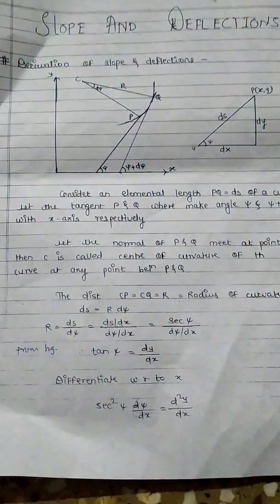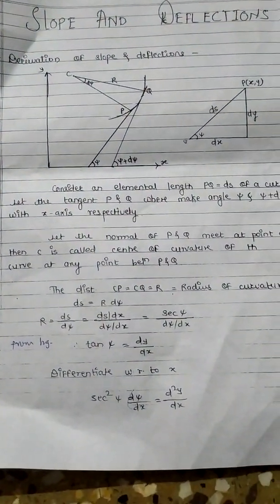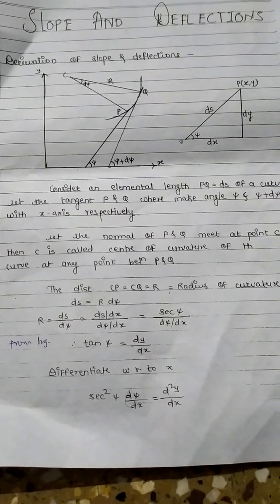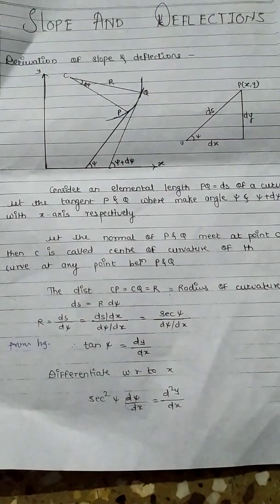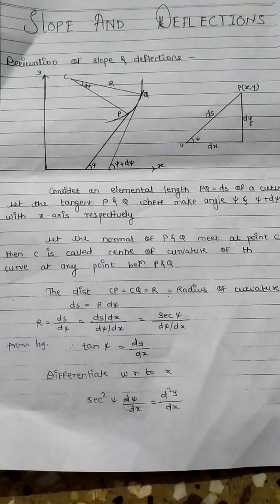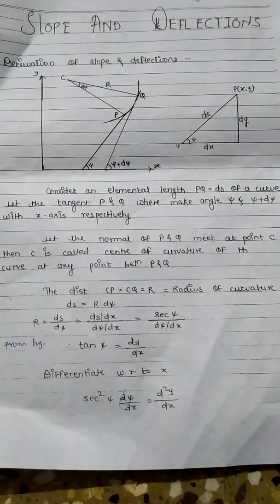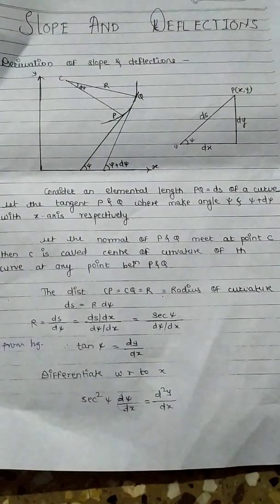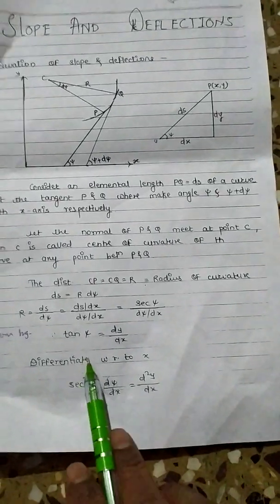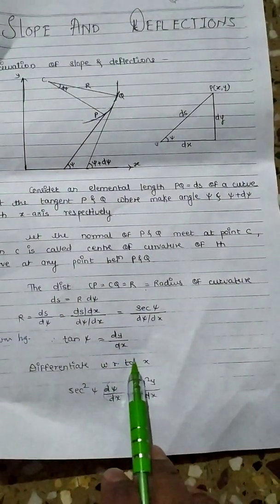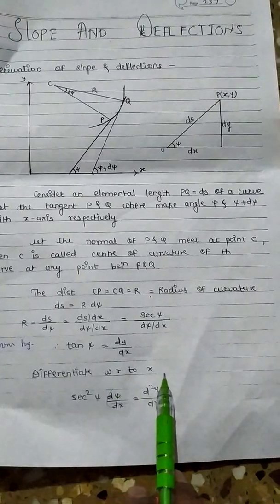So this ds upon dx is nothing but sec psi, divided by d psi upon dx. Since tan psi is equal to dy by dx, differentiate with respect to x.